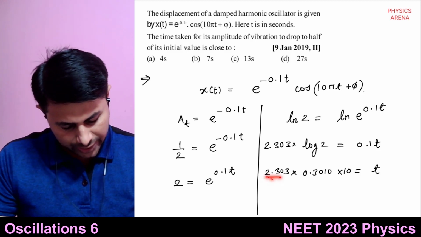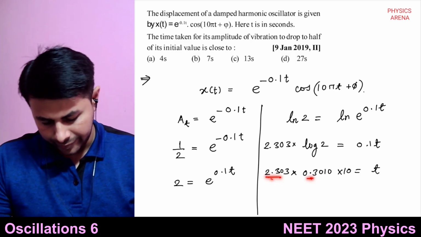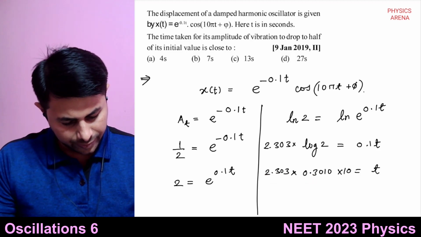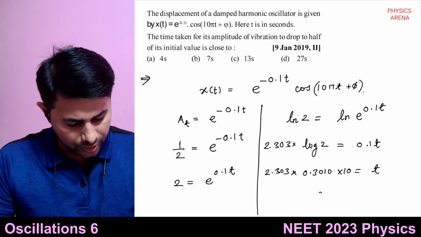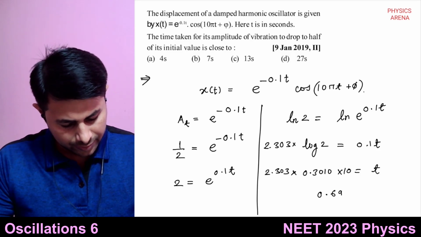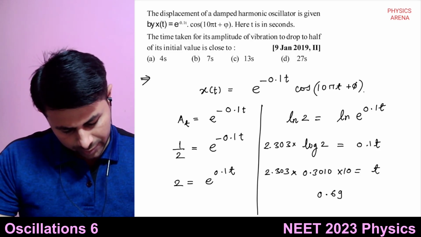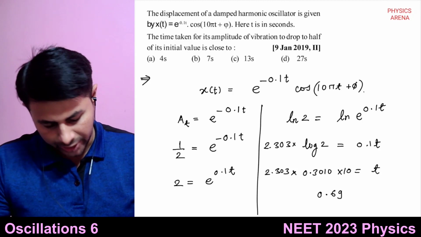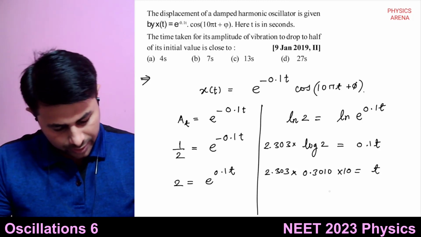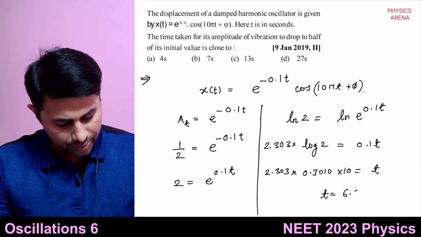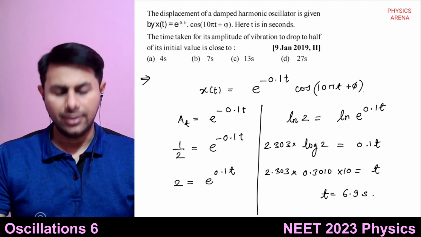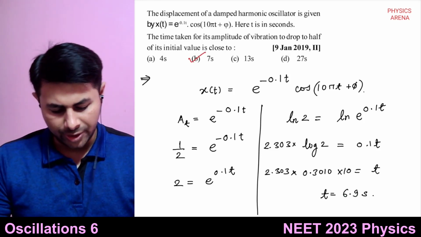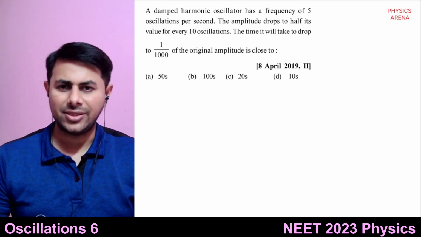This thing, 2.3 times 3, 6.9. So t equals 6.9 seconds, right? So it is option B. Let us see the next question.